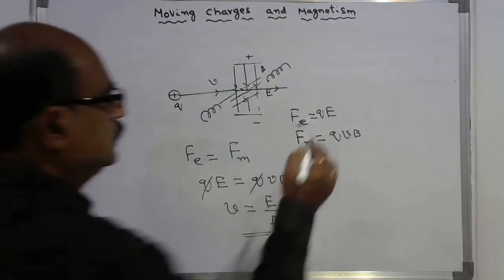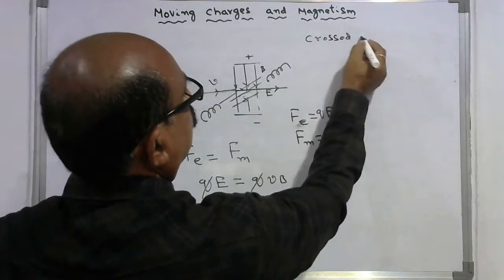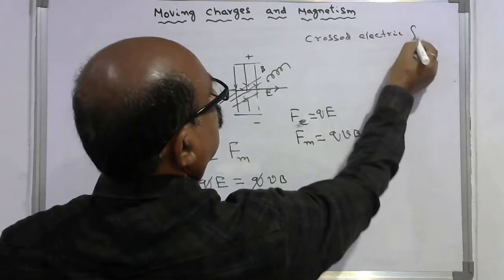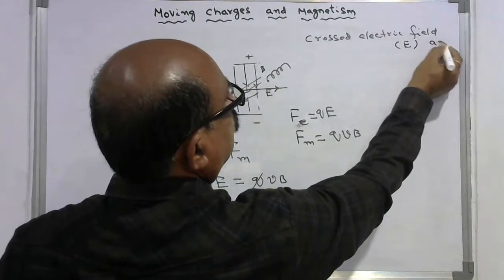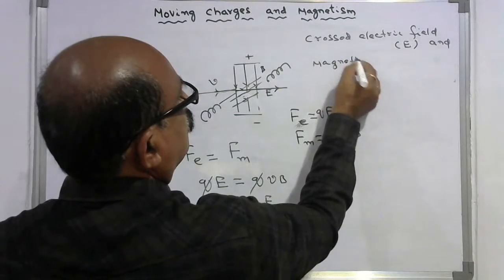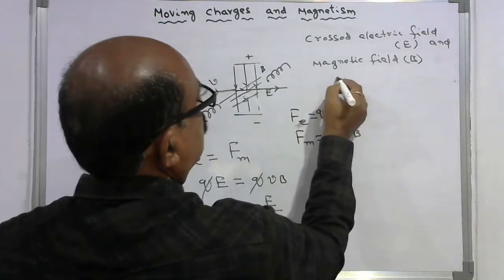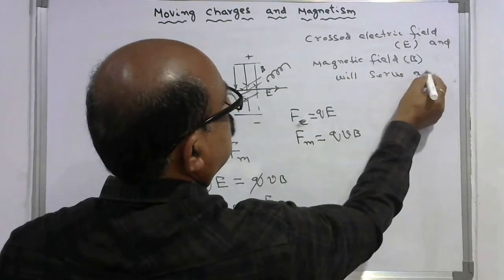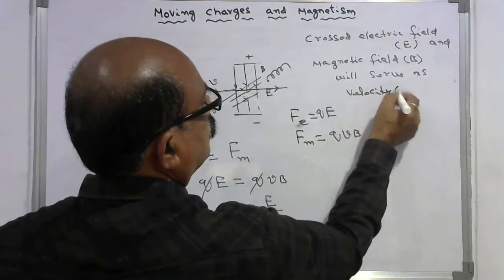So I write here, crossed electric field E and magnetic field B will serve as velocity selector.